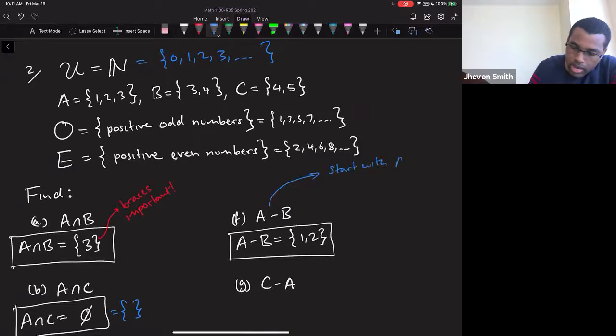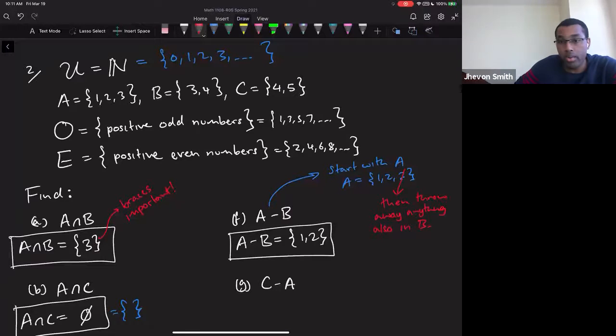Start with A. Then, see this 3 here? You get rid of it. Throw away anything also in B. So I would take the set A and I would throw away the 3. And that is A minus B.